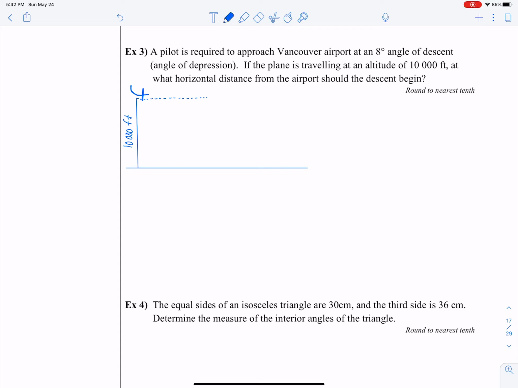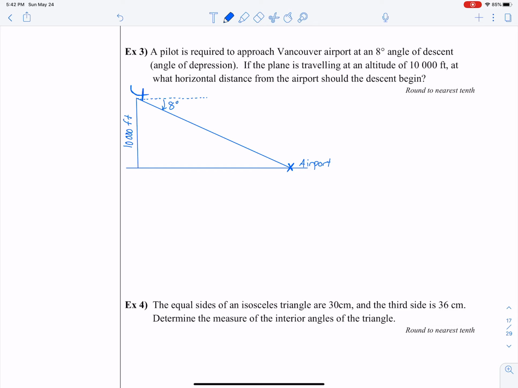So let's say the airport is over here. Here's our airport on the ground in front of us, okay? And this angle is 8 degrees, okay?